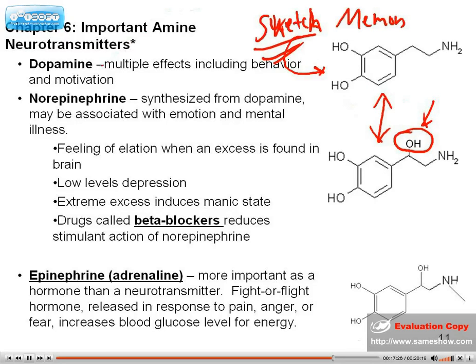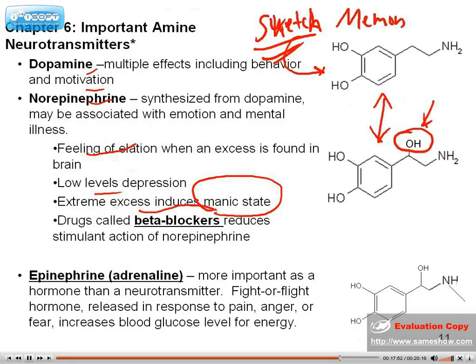Now, dopamine affects various types of behavior as well as motivation. Norepinephrine is very similar, and its effects are a little bit better categorized. Feelings of elation, low levels of depression. If you have extreme amounts, then you may be in various stages of a manic state, either high or low.